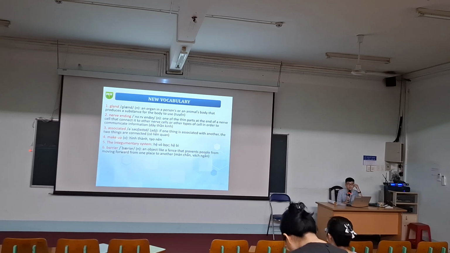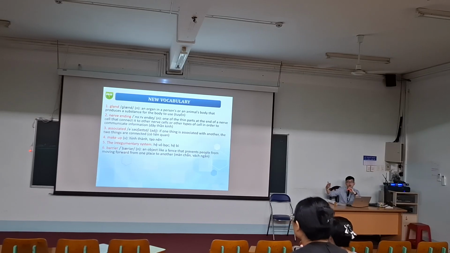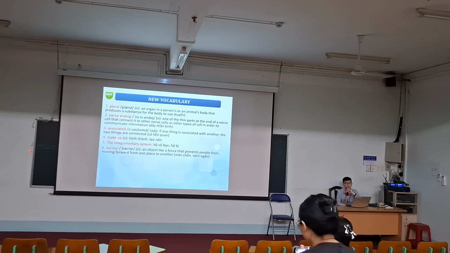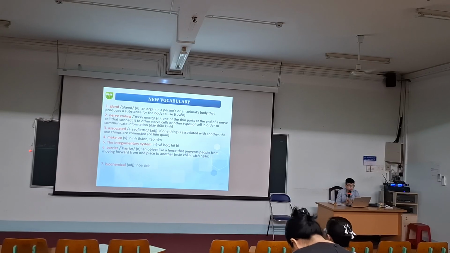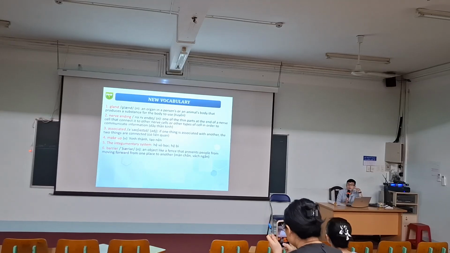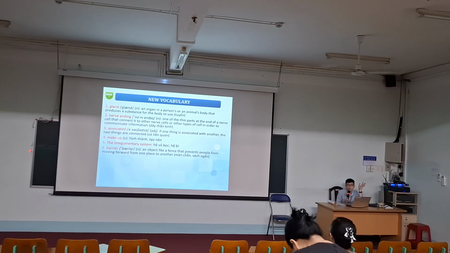For example, 2 rooms are separated by a barrier. This is like a wall between 2 rooms, which prevents some people from moving forward. Our skin is like a barrier, which protects our body.